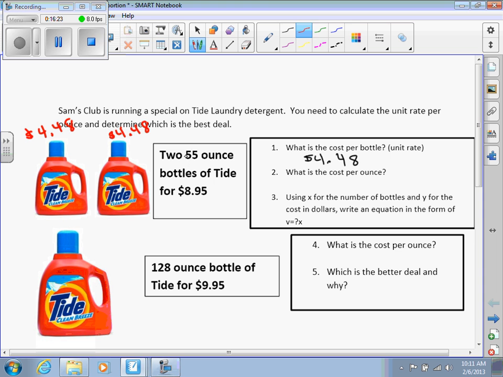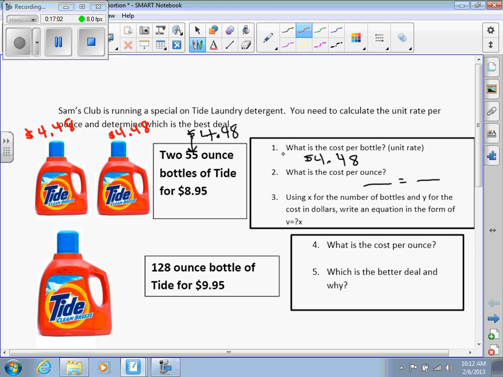Well, we know that all 55 ounces will be how much money? How much is it for 1 bottle? Yes. So 55 ounces costs us $4.48. So you need to figure out how much is 1 ounce. That's why you have to set up a proportion to figure it out.